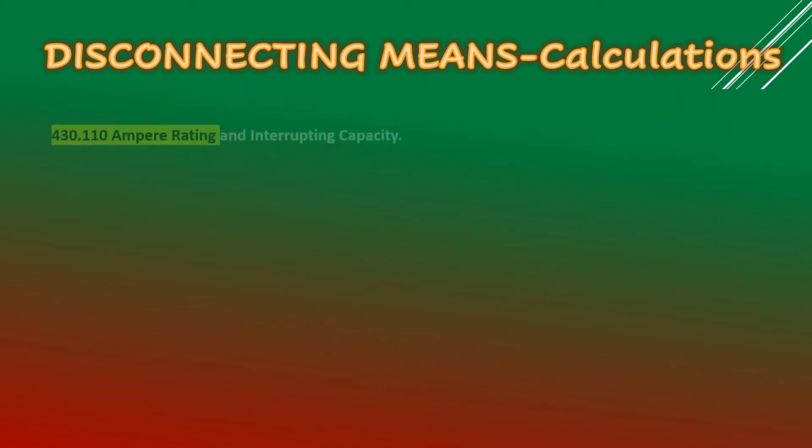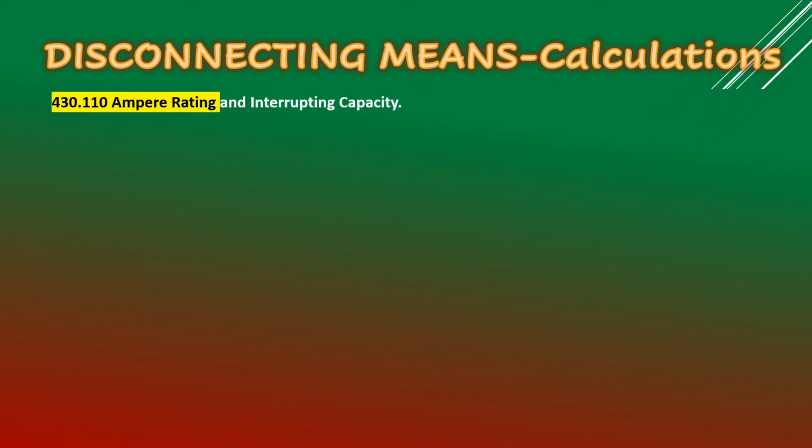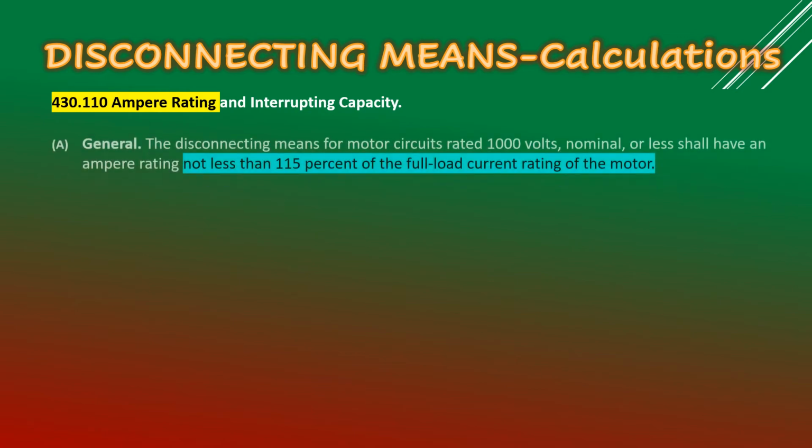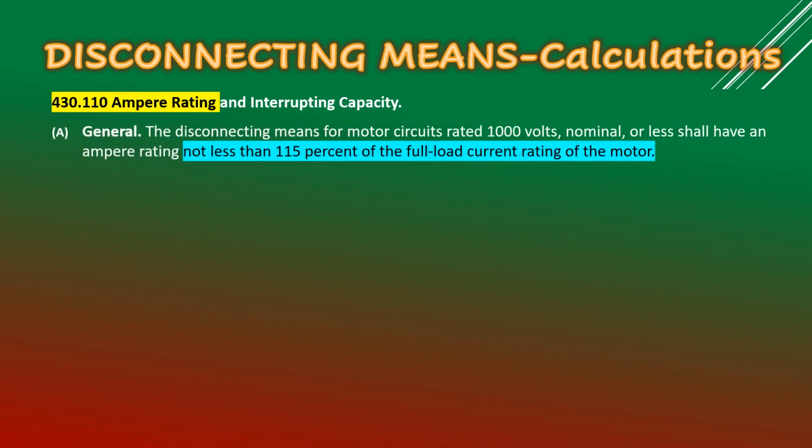For the disconnecting means ampere rating, the code rule is that the disconnecting means for motor circuits rated 1000 volts nominal or less shall have an ampere rating not less than 115% of the full load current rating of the motor. So 115% is the factor.